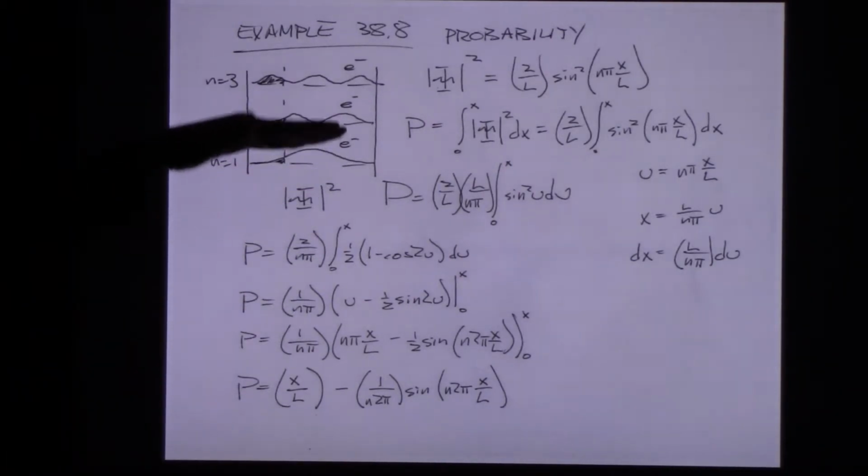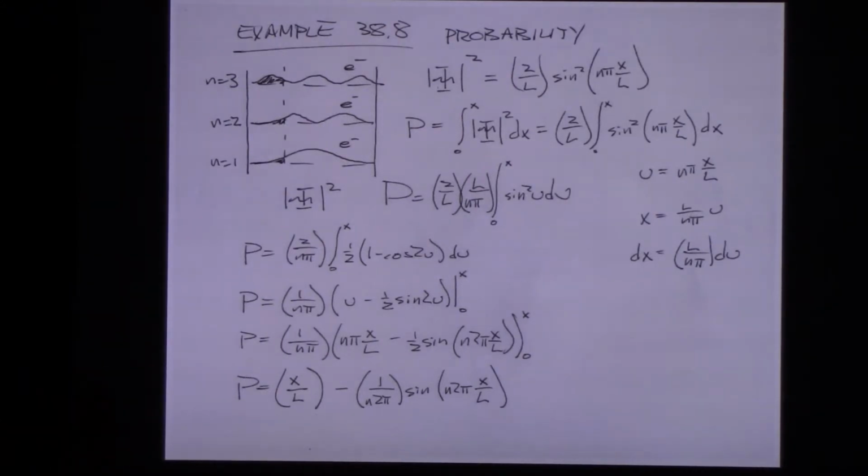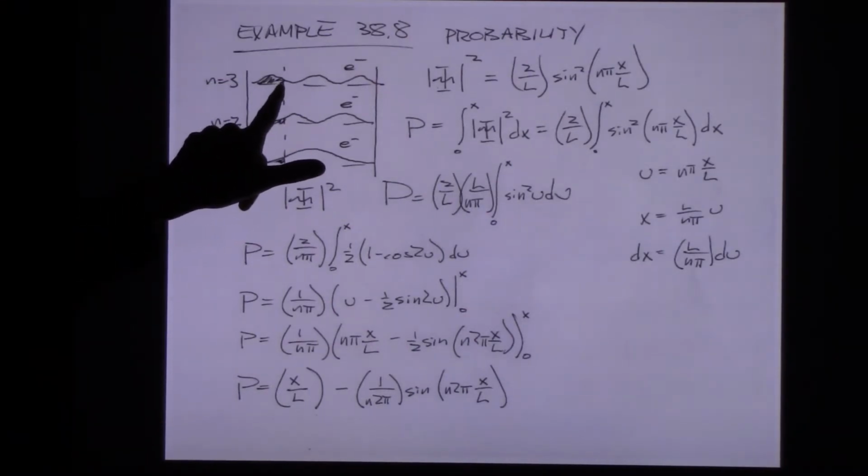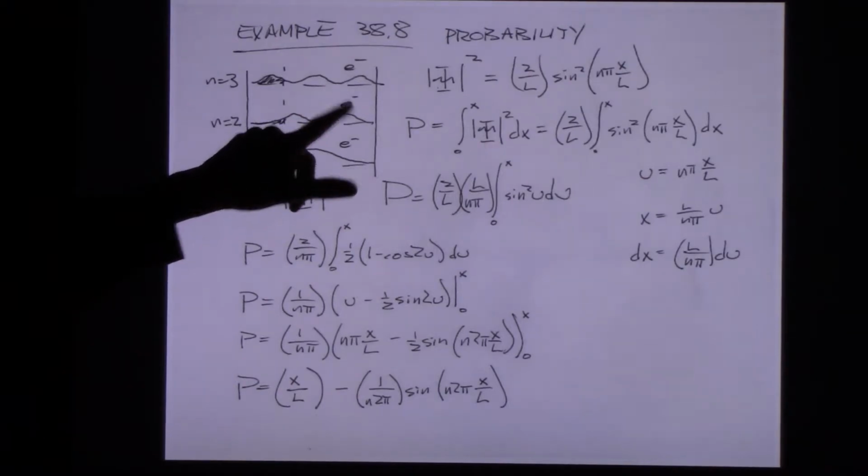If it's in quantum state number 2, the electron knows to stay mostly in these regions around 1/4 and 3/4 of the way across, but to avoid the walls and avoid the region in the middle. When we jump into state number 3, the electron knows to avoid these regions at 1/3 and 2/3.